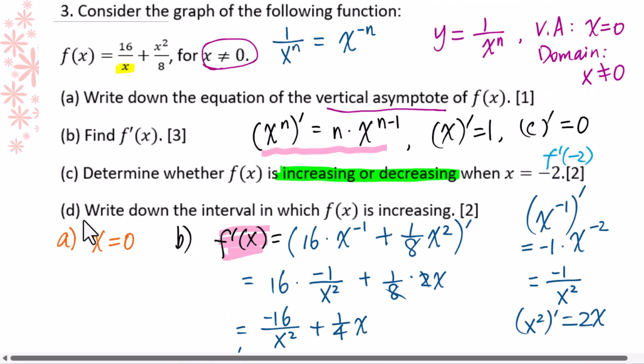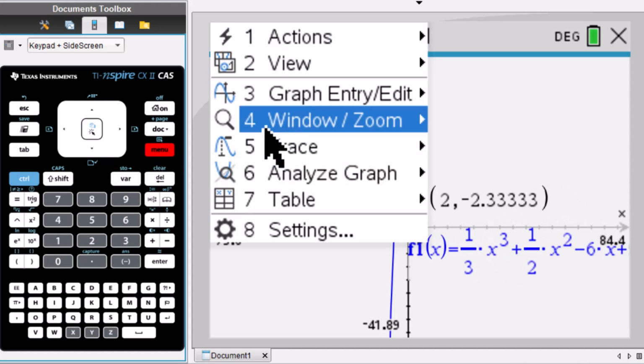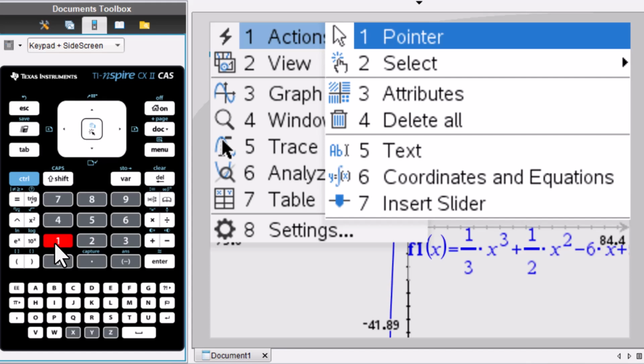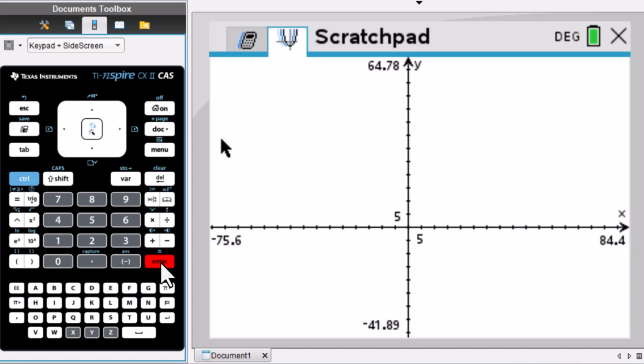Let's go to D. Write down the interval in which f of x is increasing. Let's go to graph. I want to delete all of this. So go to menu, action, 4, delete all. Yes.